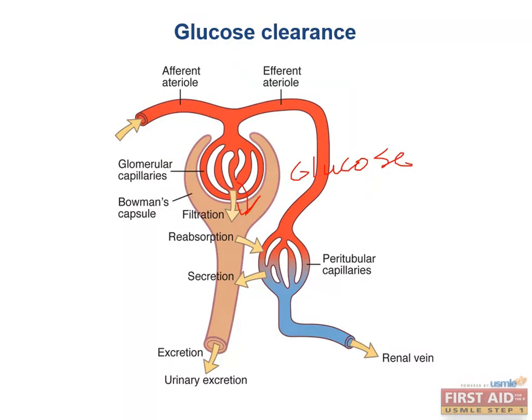But normally, it gets completely reabsorbed in the proximal tubule through co-transport with sodium. However, if the plasma concentration of glucose gets high enough, the glucose co-transporter becomes saturated and can no longer reabsorb all of the glucose, and some of it remains in the urine.